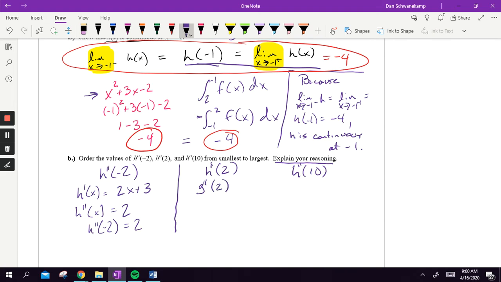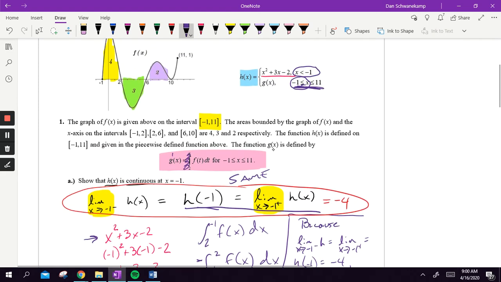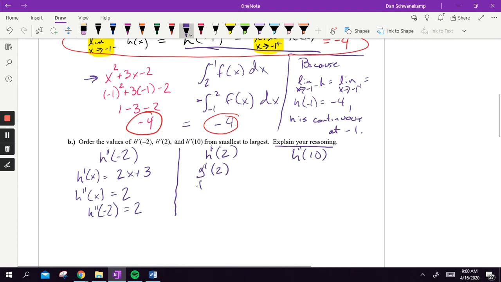Or in other words, I'm looking at the slope of this graph at 2. Because F, we took one derivative, it got rid of the integral. We take the second derivative, it's the same thing as F prime at 2.